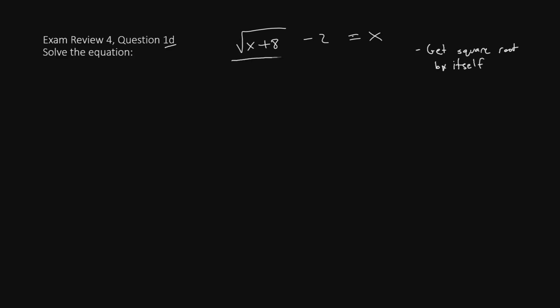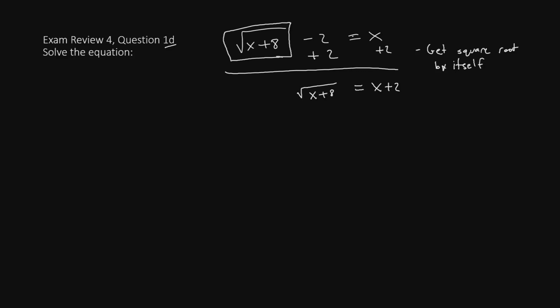So, here's our square root term. Let's just move the 2 over to the other side. If we do this, on the right we'll have x plus 2, and on the left we'll have just square root of x plus 8.